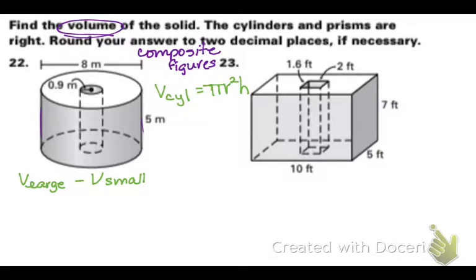So our large cylinder equals pi. Okay, we're given that our diameter is 8 meters, so our radius has to be 4. So pi times 4 squared, and we're given our h is 5. And we multiply all that together, and we come up with 251.2.